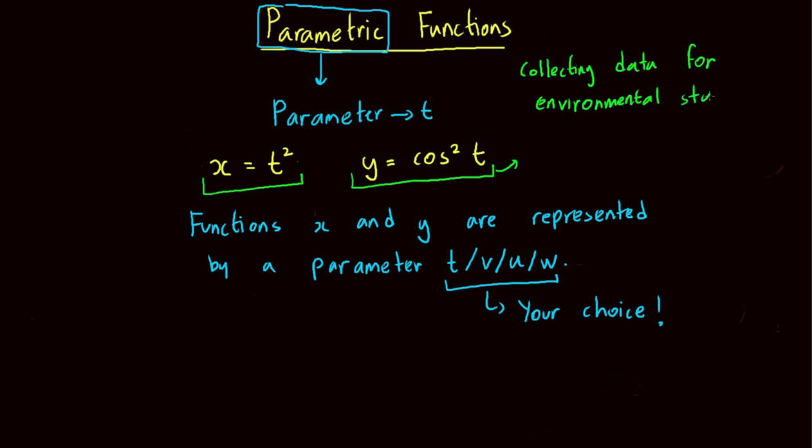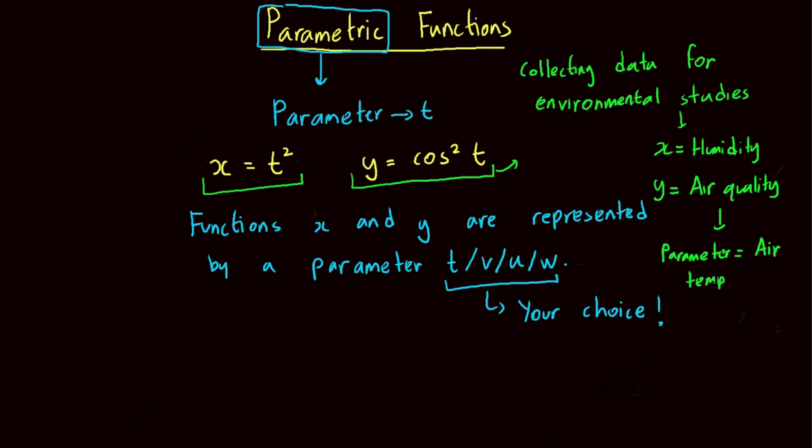Maybe your x could represent the humidity of the environment, and your y could represent air quality. And we know that humidity and air quality are related by a particular parameter, and this parameter may be the temperature. We can call it the air temperature. So they are related by this parameter called the air temperature.